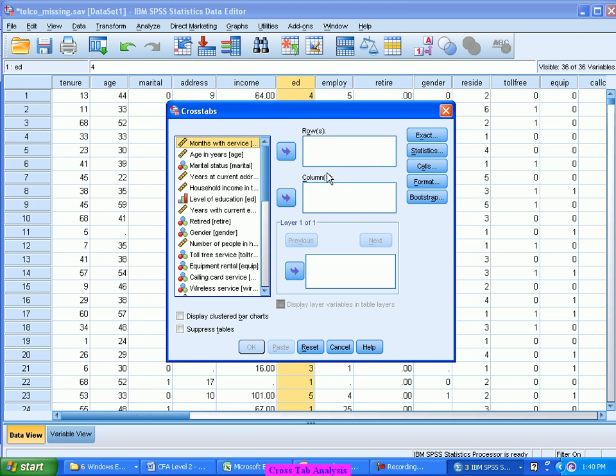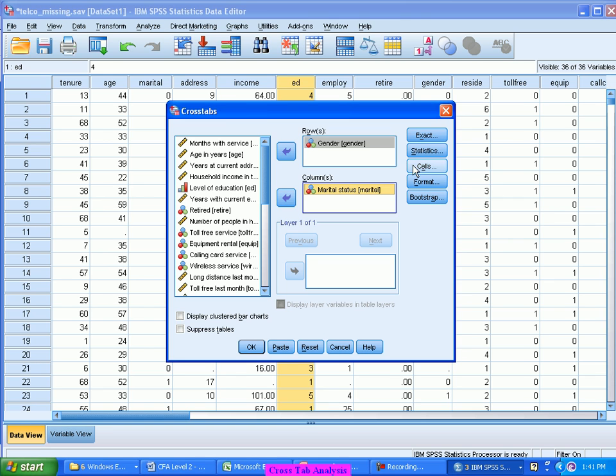Here it asks which value you want in the row, which value you want in the column. So let's say gender I take in one of them, row or column, and marital status I take at some other location, row or column. These are the two variables which I would like to analyze.